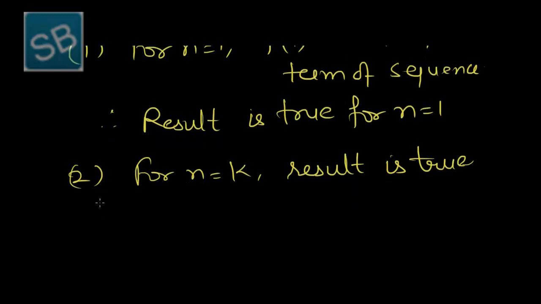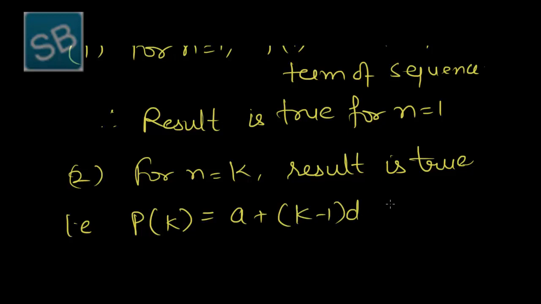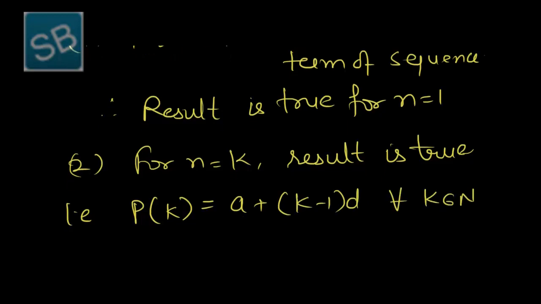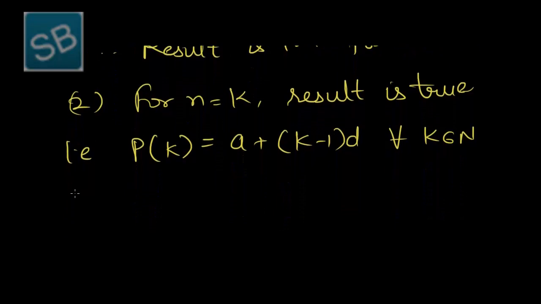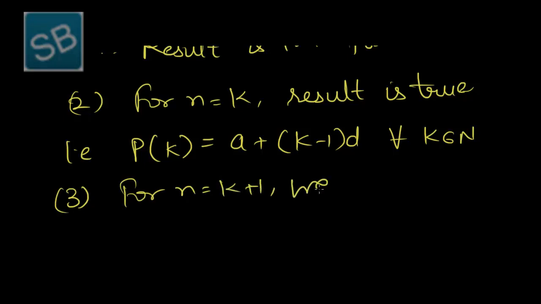That is, P of k: a plus k minus 1 times d holds for all k belonging to N. Now we have to prove the third part: for n is equal to k plus 1, we have to prove the result.